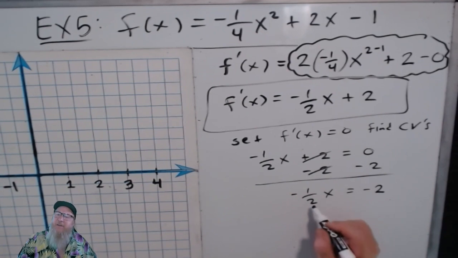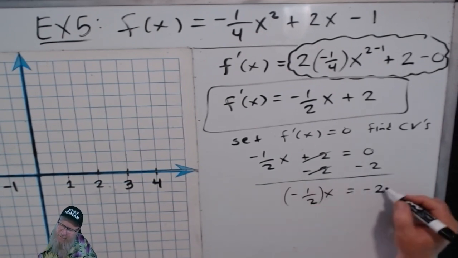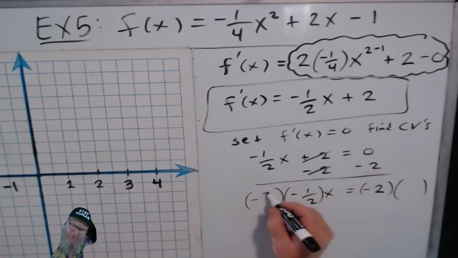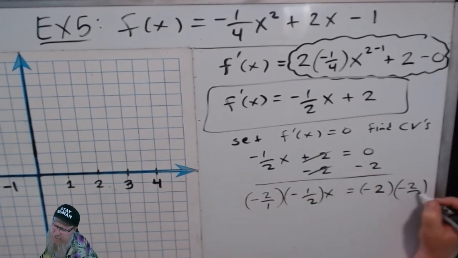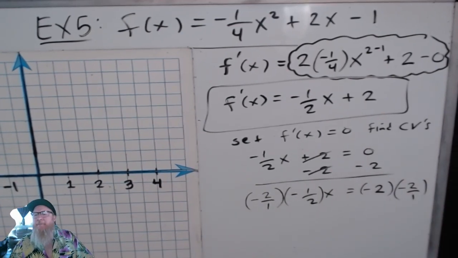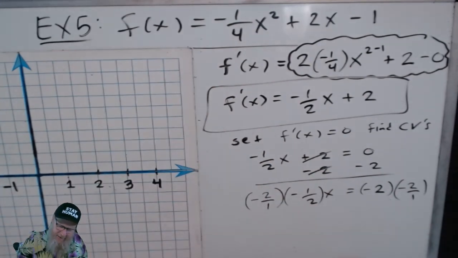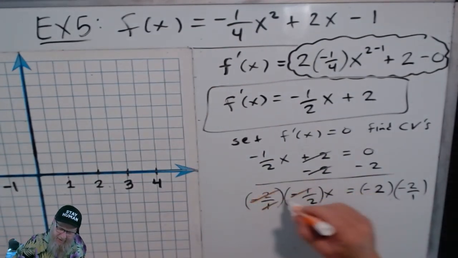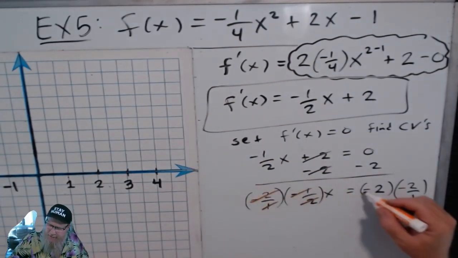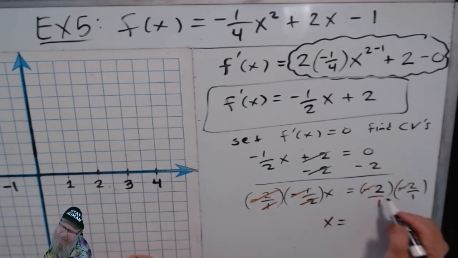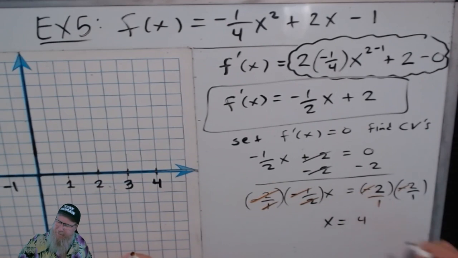Now, normally I divide, but because this is a fraction, I'm going to multiply by the reciprocal, negative 2 over 1. It's the same as dividing, multiplying by the reciprocal. And then that'll cancel all this stuff out. The negatives cancel, and negative times a negative is a positive 4.